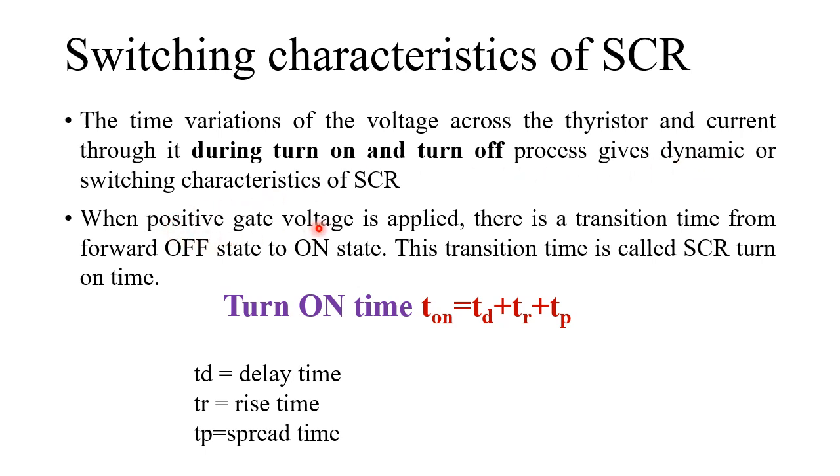When the positive gate voltage is applied to the SCR, the SCR comes to on state. This transition time is called turn on time. So bringing the SCR from off state to on state is the SCR turn on time, and that turn on time is equal to delay time plus rise time plus spread time, that is TD plus TR plus TP.